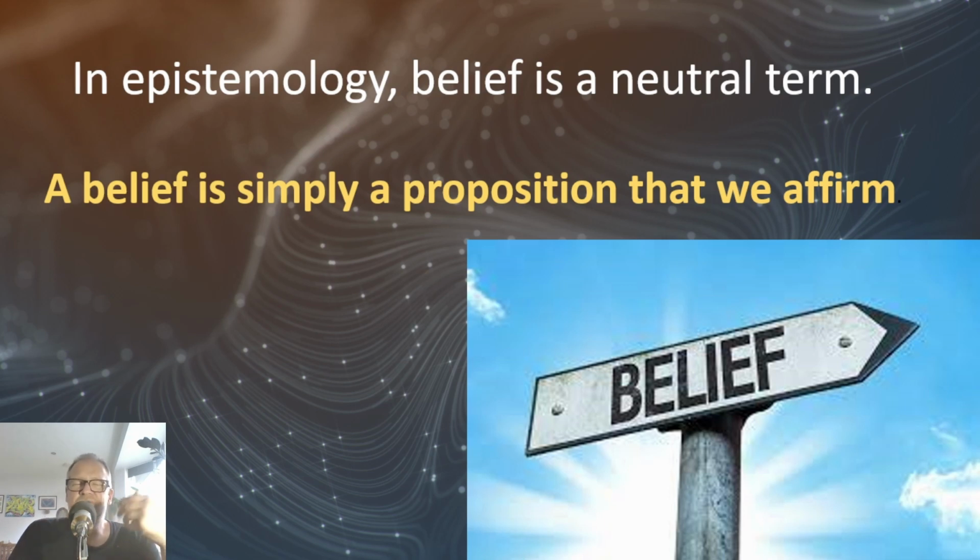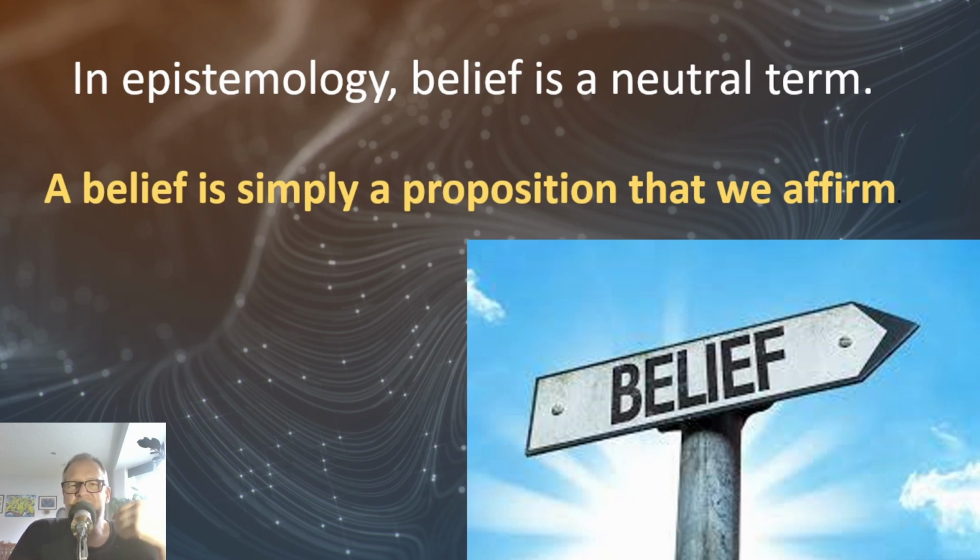So something like George Washington was the first president of the USA, or Rishi Sunak is the current Prime Minister of the UK, or the moon orbits the Earth. These are all things that can be true or false. In this case, they're all true, but we could say something like the moon is made of green cheese. That's also something that's truth-apt and false. So a belief is basically just whenever we think one of these statements is true.